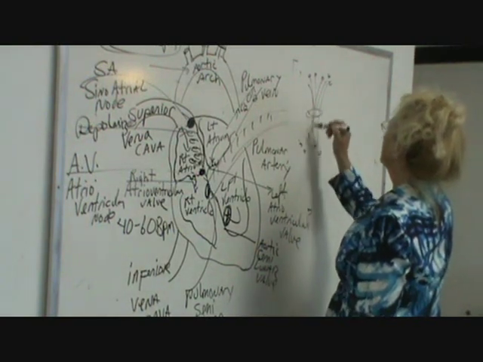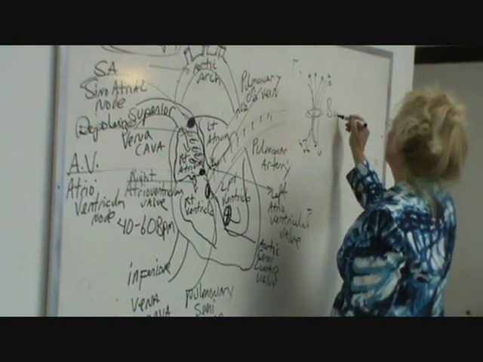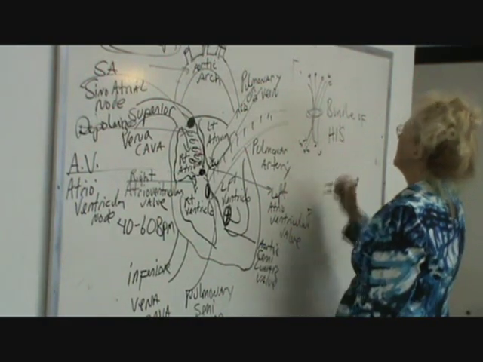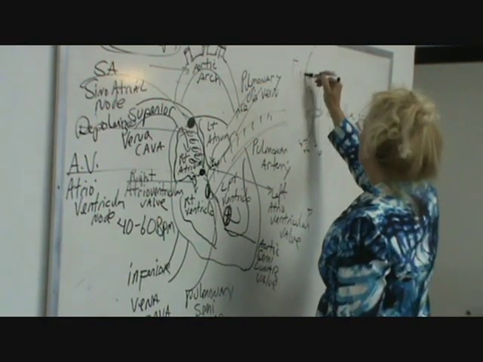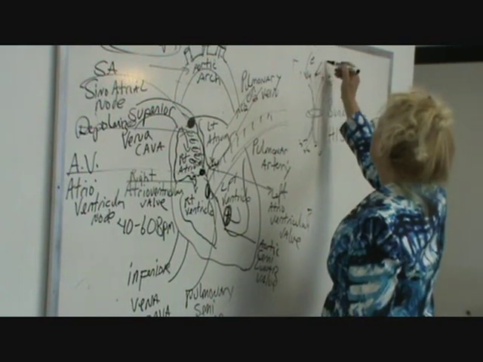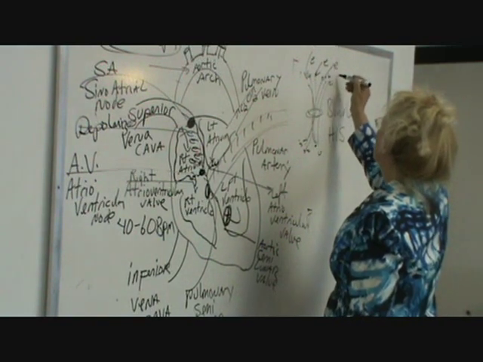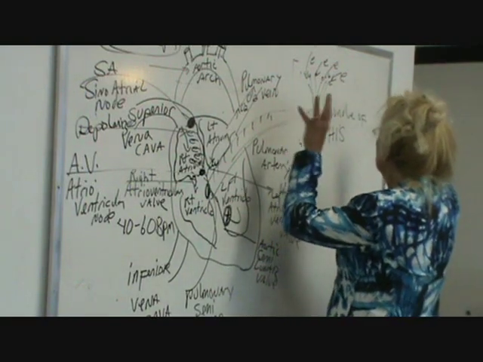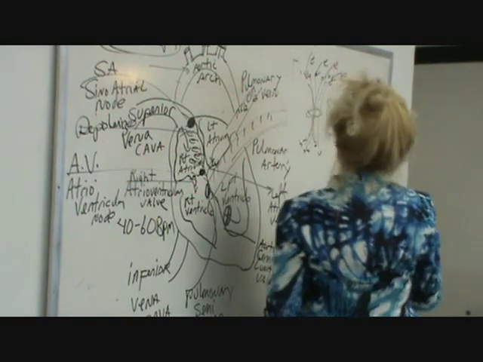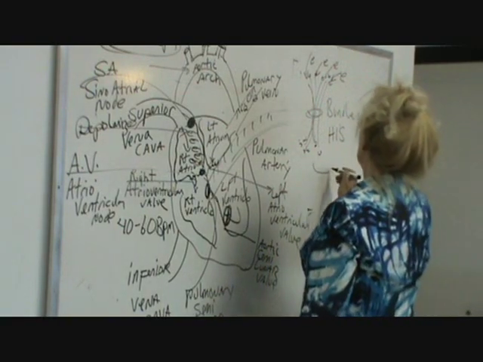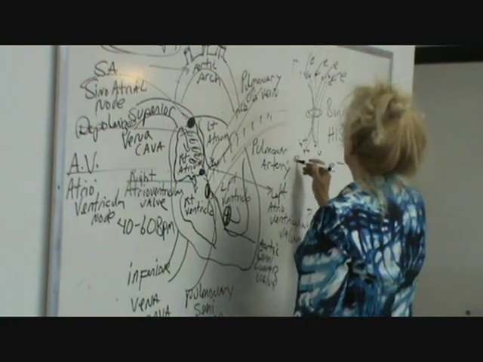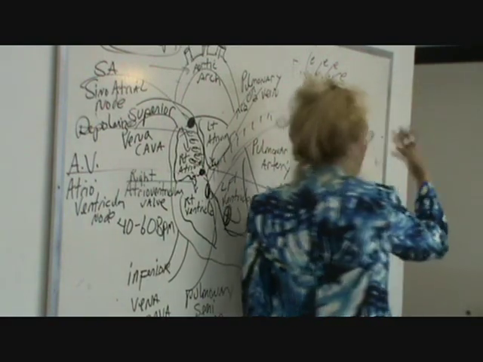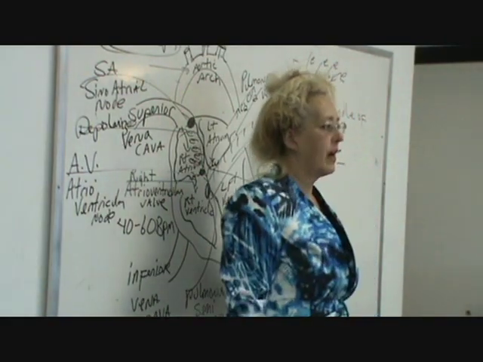Okay, this little structure is called the bundle of His, and basically this is also an electron acceptor. So it accepts electrons on the surface of its little fiber optic cables, and then it shoots the electrons out to other bundle branches that are throughout the heart.